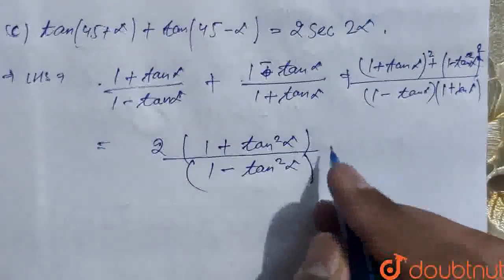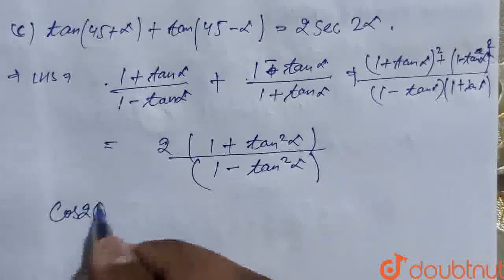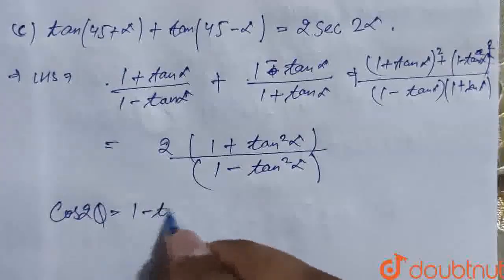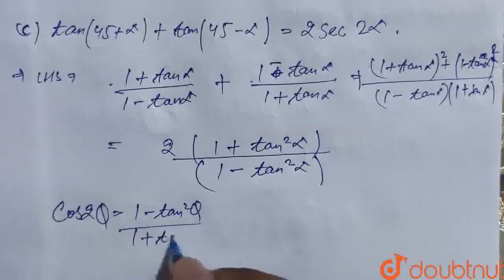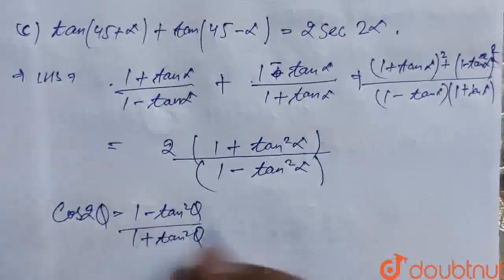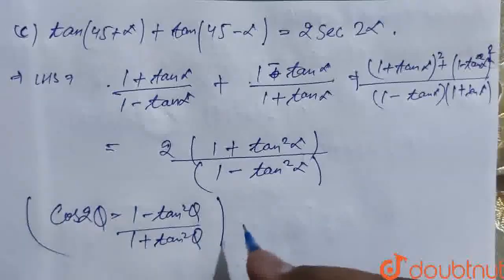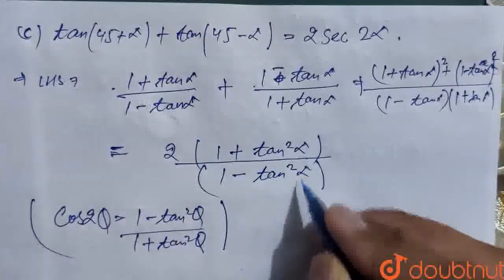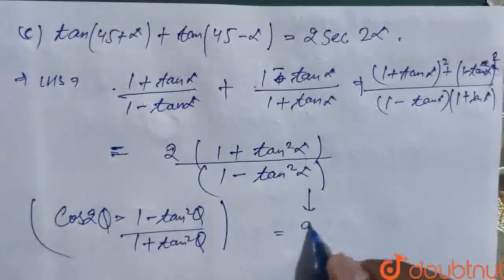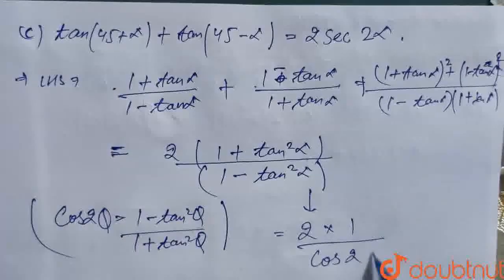Now we know that cos 2 theta is equals to 1 minus tan square theta upon 1 plus tan square theta. So by using this transformation of angles, we can write this expression as 2 into 1 by cos 2 alpha.